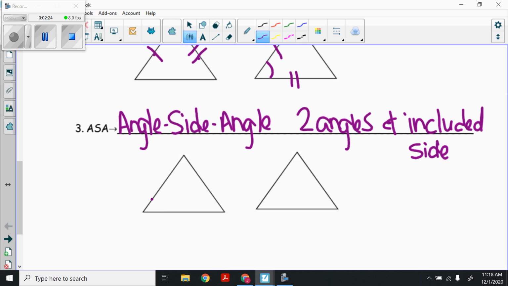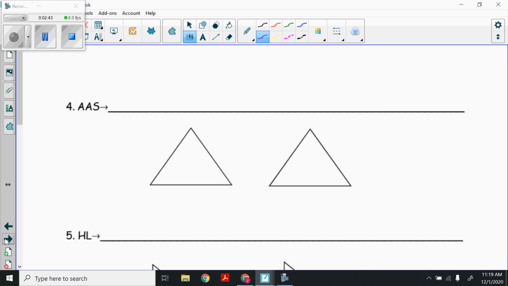So let's say I have this angle and this angle down here. So the side in between those, the side that they both touch, that one right there. So ASA. So again, let's say I have this angle and this one, that would be the side. Angle, side, angle. Okay. All right, let's go to the back.